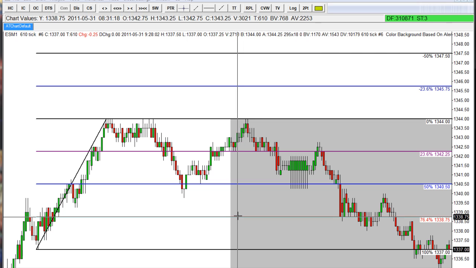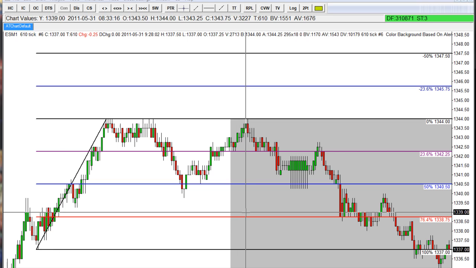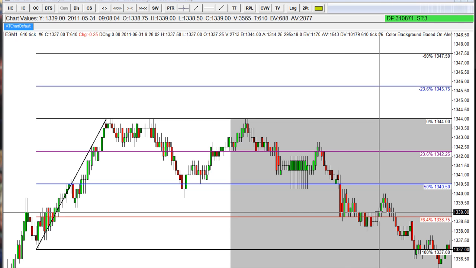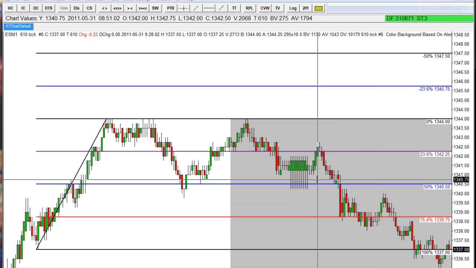And now this is also going to vary, since the Fibonacci tool I have right here rounds to the nearest tick. Then sometimes the 76.4% level would be here, 1338.75. Sometimes it would be at 1339, depending on how it's rounded. Okay, so sometimes the difference between your stop and your profit target is going to be anywhere from 1 tick to 2 ticks.